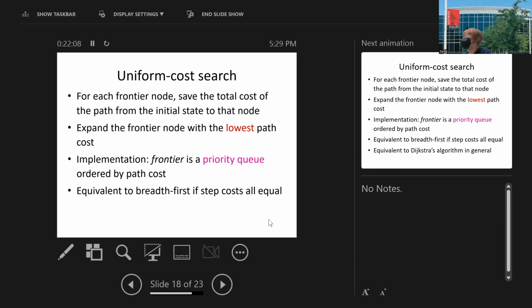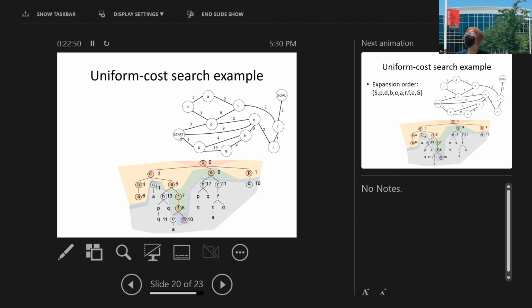So we have the starting state and the goal state. Initially in your priority queue, you have S. So you get S out, and you add its 3 neighbors to the queue.